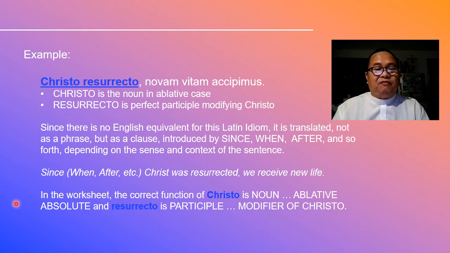And what is its function? Modifier of Christo. As simple as that. So that is an example of an ablative absolute. As you go along, you will get accustomed to this. Even in church documents, in the liturgy, there are many constructions that use the ablative absolute, which is very unique in the Latin language.